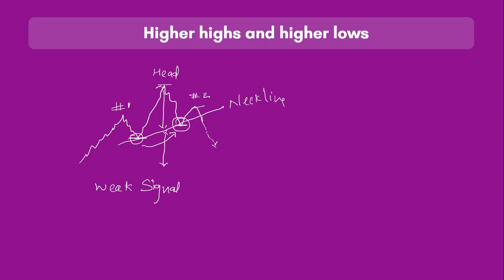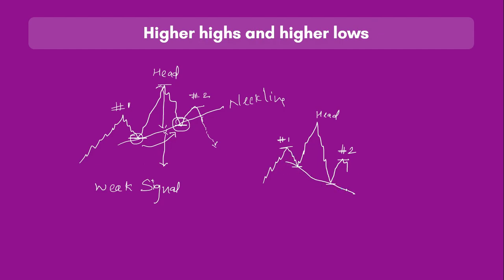However, if the head and shoulder pattern is something like this, say we have shoulder 1, head, and then shoulder 2, where this is your shoulder 1, this is your head, this is your shoulder 2, and you have a support here and a support here, and if we join them, then the neckline becomes declined.